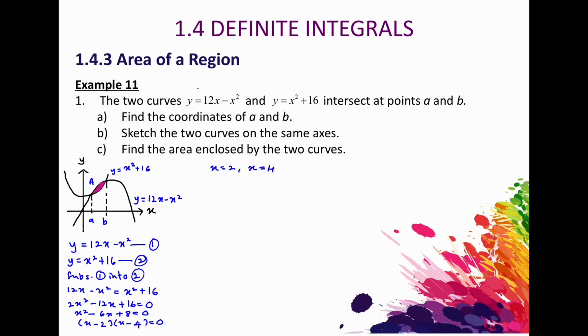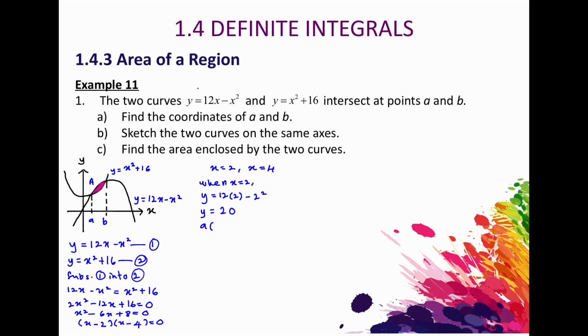In order to find the y coordinate, we need to substitute x into any of the equations. When x is equal to 2, y is equal to 12 times 2 minus 2 squared, which is 24 minus 4, which is equal to 20.